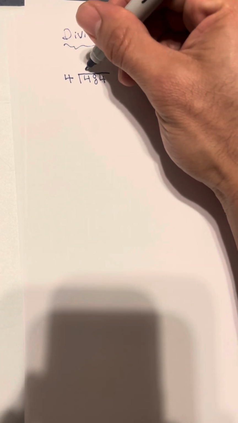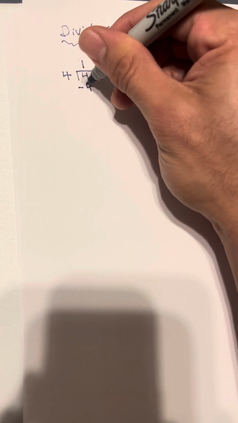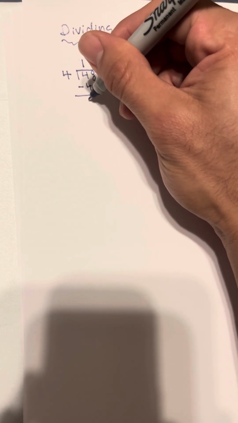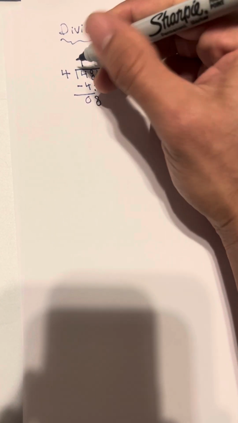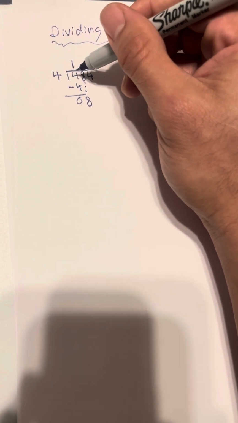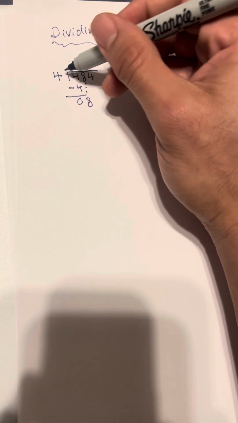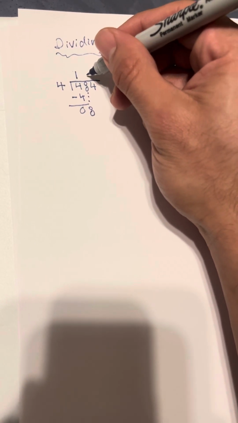So 4 goes into 4 one time. Put a 1 there. Minus 4, 0, then we drop down the 8. Move on to the next number. We'll go number by number. All right, how many times does 4 go into 8? It goes in 2 times.